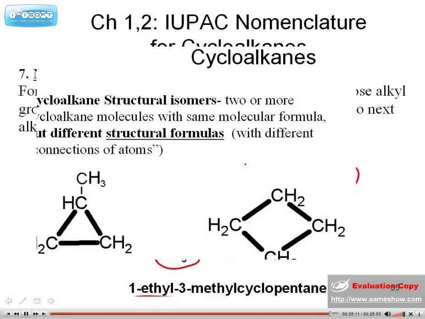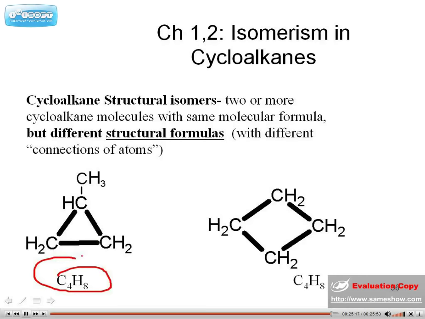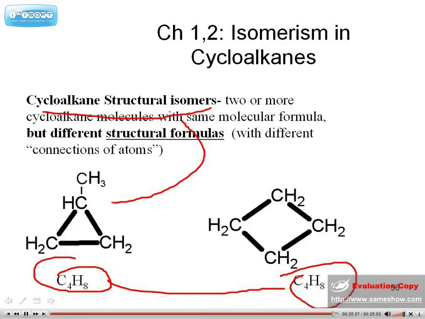In this case right here, we have a cycloalkane, and in this case, a cycloalkane. Notice the molecular formula is the same, so these are just examples of cycloalkane structural isomers. Not a really new concept to learn. We've already learned about structural isomers, just more examples. Let's move on.